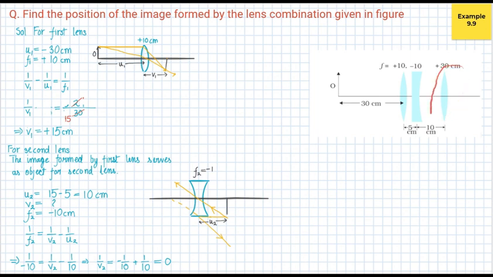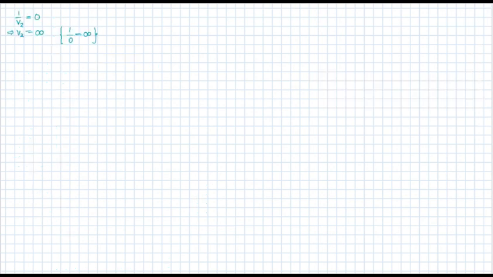This one, the third lens, has a focal length of 30 centimeter. Right. So let me draw the third lens first.